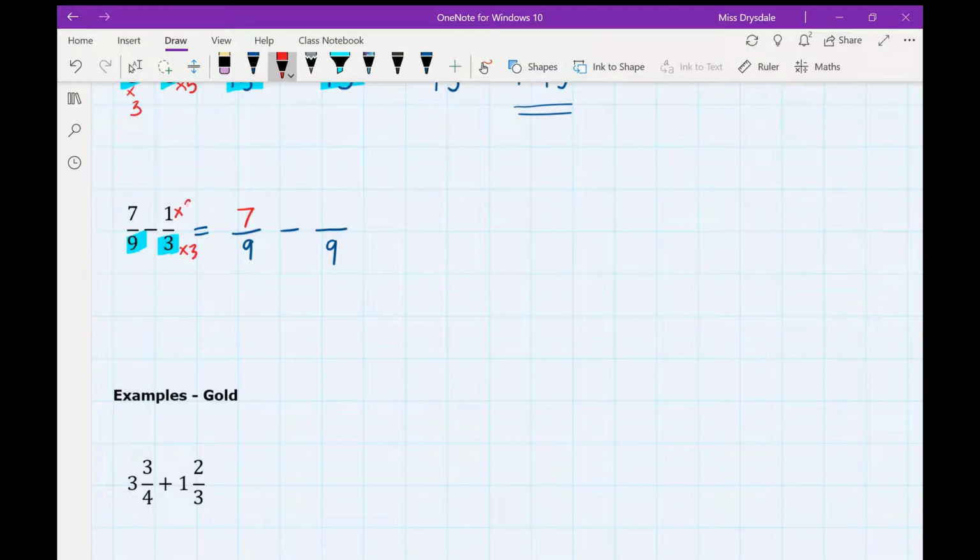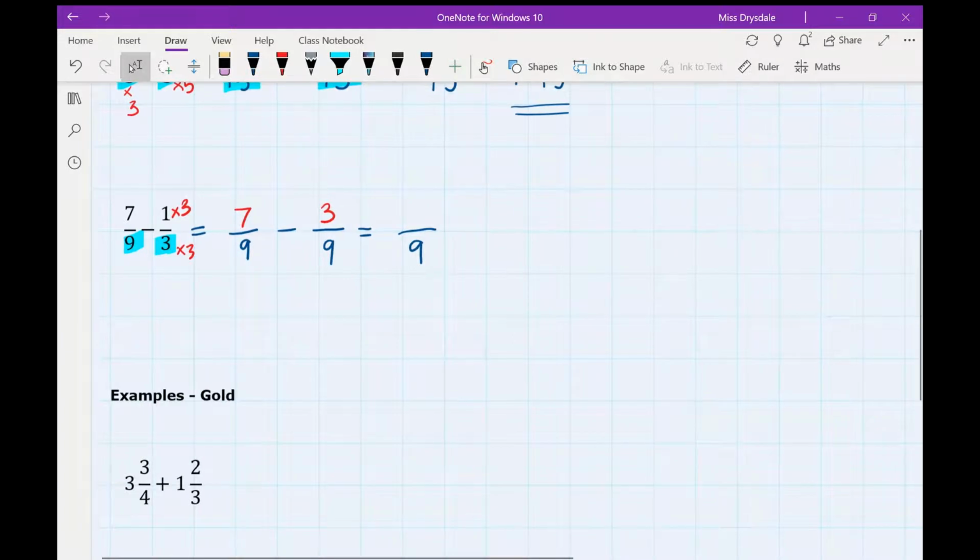Whatever you do to the bottom, you have to do at the top. So we've got 3 over 9. And then you can just go ahead and subtract. As always, your denominator will stay the same. And then we just subtract the top to get 4. Make sure it's fully simplified, which it is, and that is your final answer.